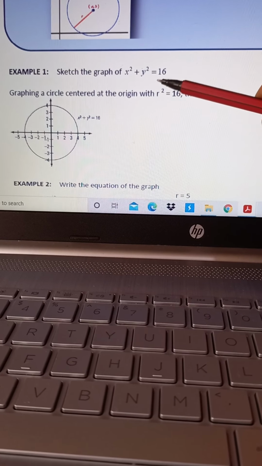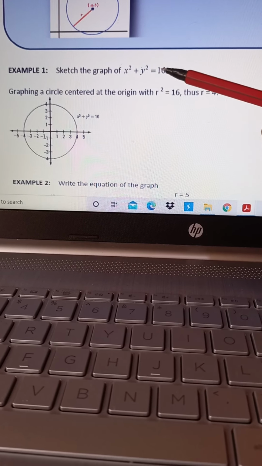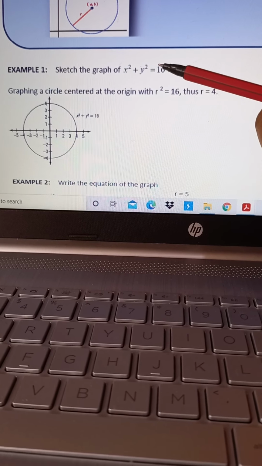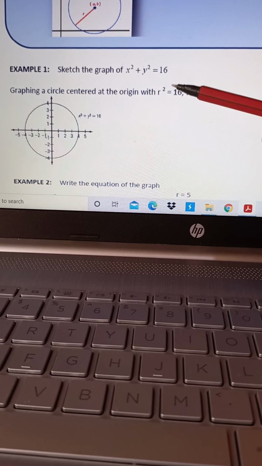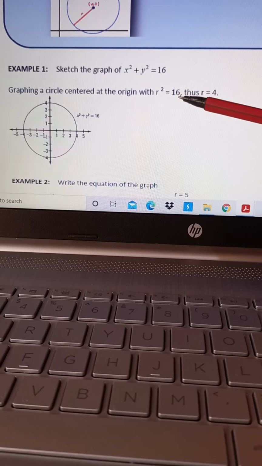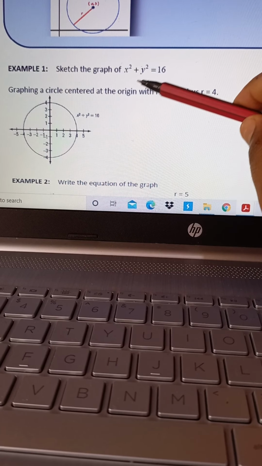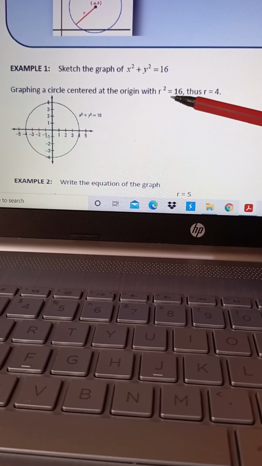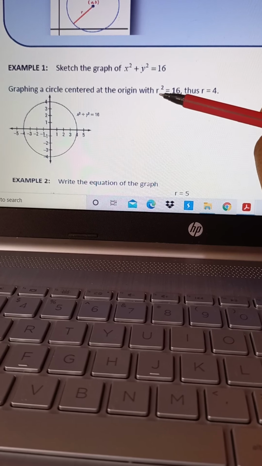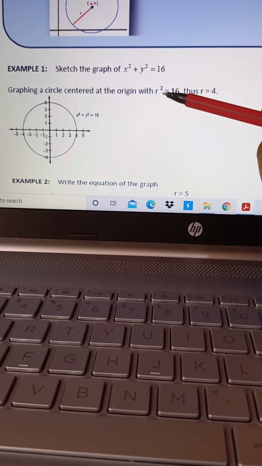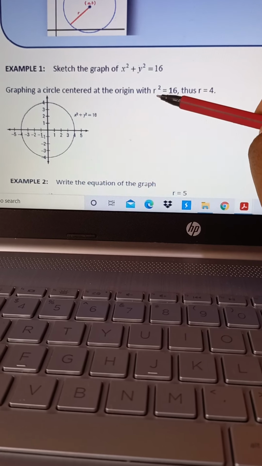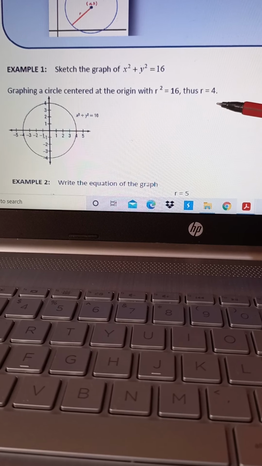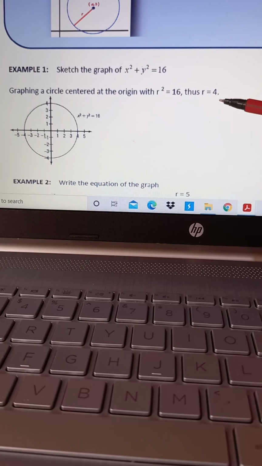Now, I have a 16 after the equal sign. This 16 is not the radius, but it is r squared equals 16. Normally, we have x squared plus y squared equals r squared. So, r squared is 16. In order to find your r value, we just take the square root of both sides. So doing the square root, radius is equal to 4, right?